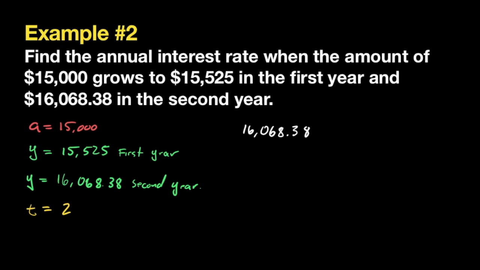And this is going to be equal to your initial amount, which is 15,000, times 1 plus our r that we don't know. And then you're going to put your exponent of 2 because it took 2 years. And then we need to work backwards. So I'm going to divide both sides by 15,000.